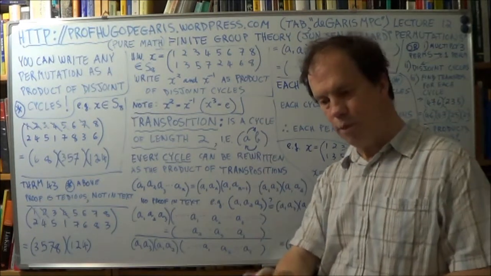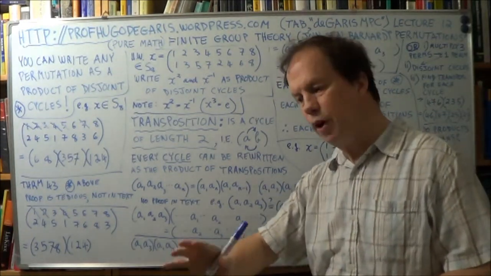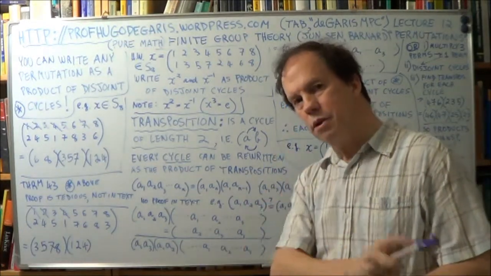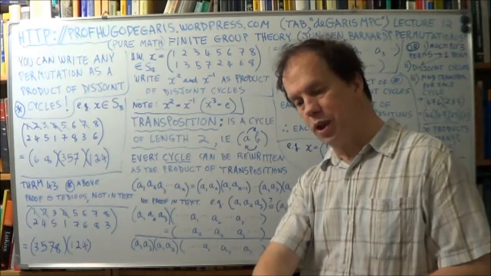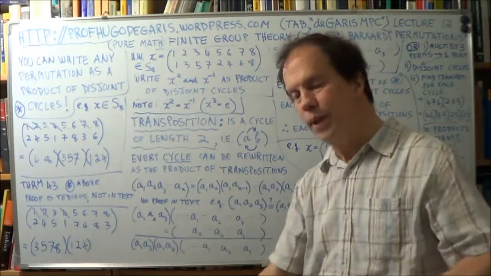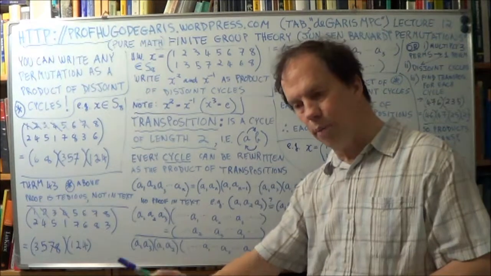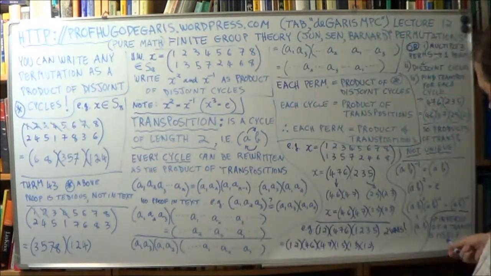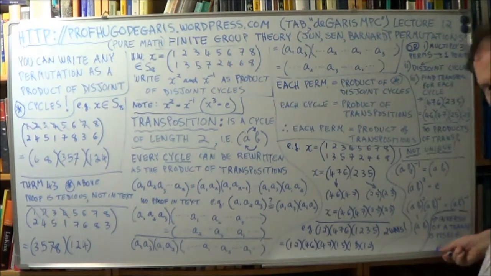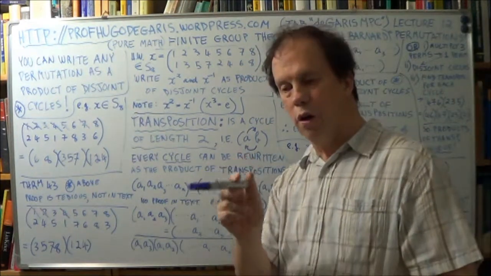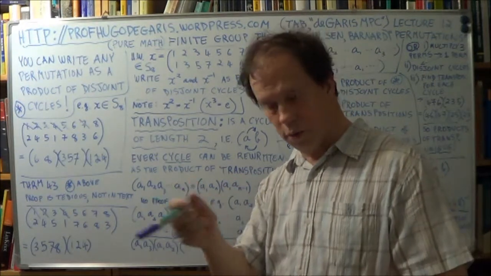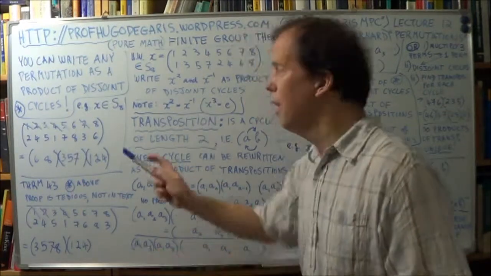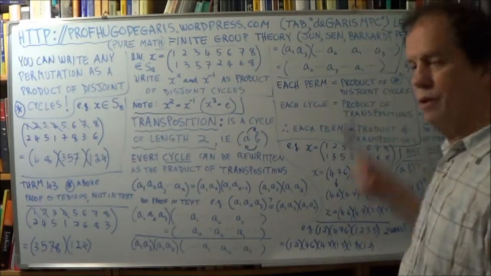So take a random permutation, express it as a product of transpositions, and then find the inverse of that permutation. Now you know how to do that for bracket form, but how do you do it for a product of transpositions? We'll do that next, and it will use this result that the inverse of a transposition is equal to itself. Okay, I'll stop there. This is the end of the session. One whiteboard's worth of material is one session.